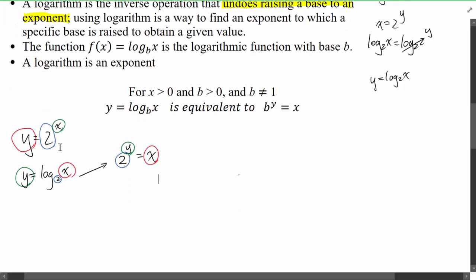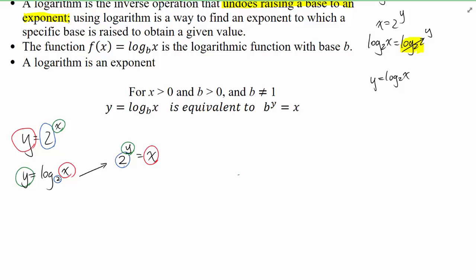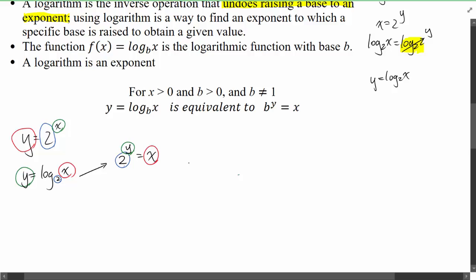And so let's see why this works, because I mentioned it earlier, but I never proved that it would work out as cancelling. So let's just take log base 2 of 2. What would that equal? Let's say it equals x.